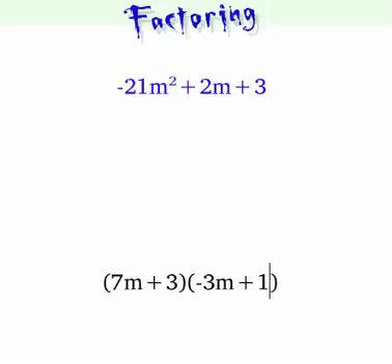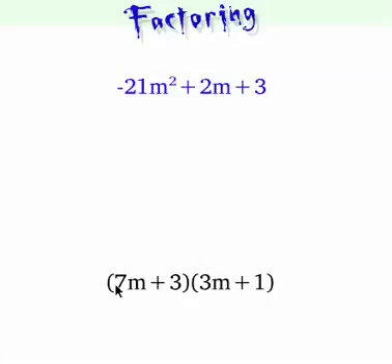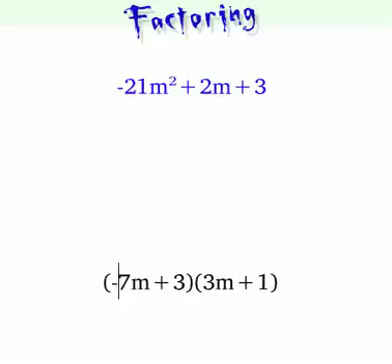Close, close. What if we switch the signs of these? Sorry, 7 and -9 gives us -2. So what if we make this positive and make the 7 negative? Then we get -7 and +9, and that adds up to give us 2, right?